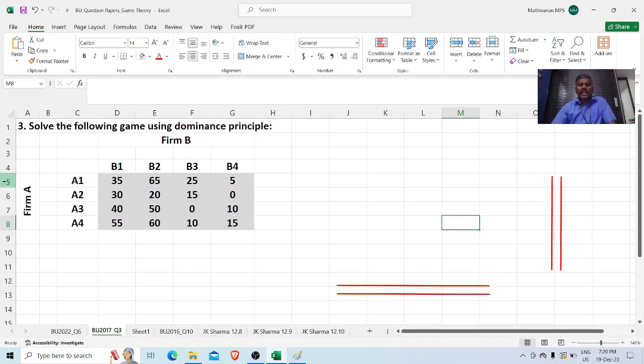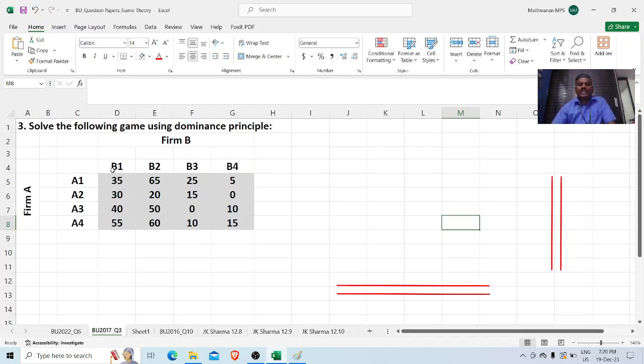When firm A uses the first strategy, as we discussed, the gains are 35, 65, 25 and 5 points. When firm A uses the second strategy, the gains are 30, 20, 15 and 0 points. We will compare A1 with A2.